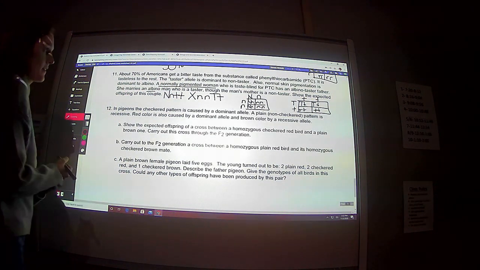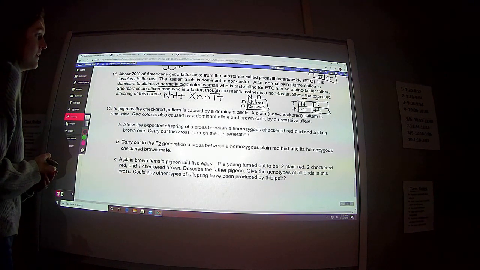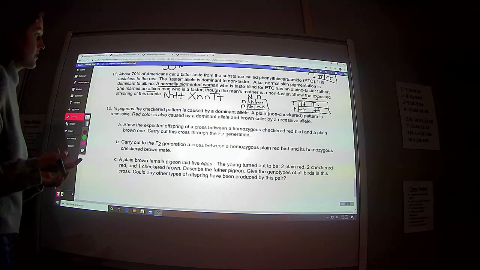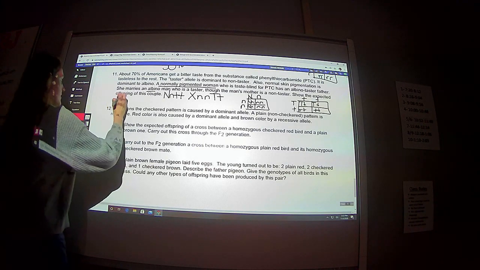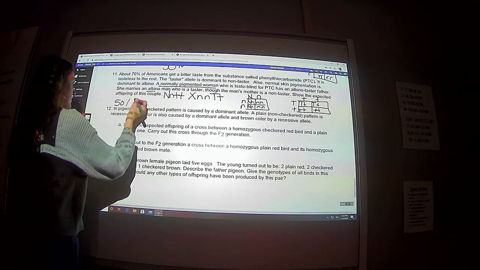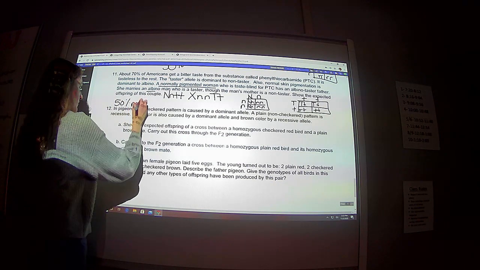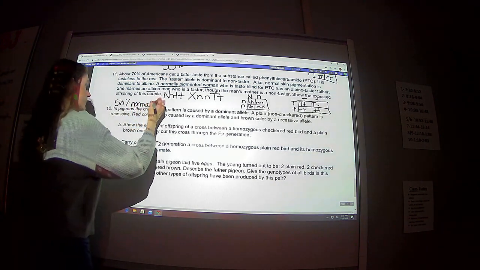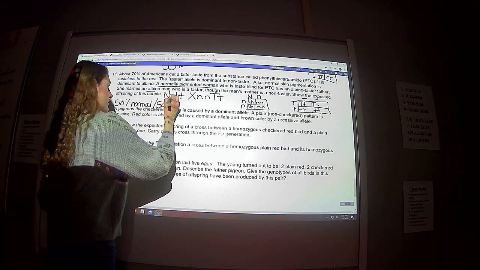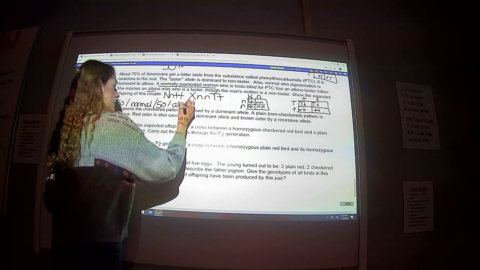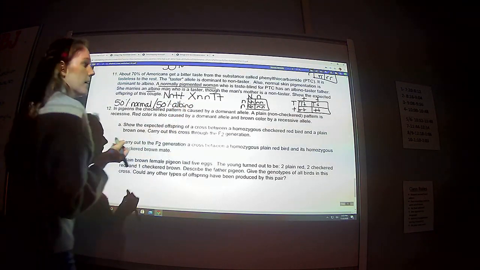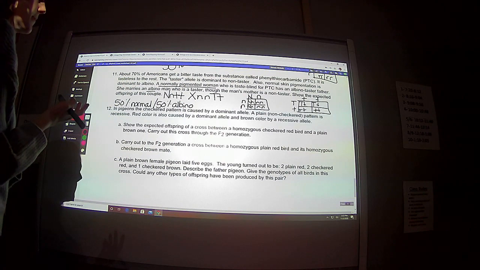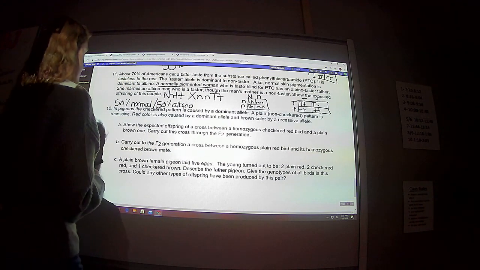So, as far as skin pigmentation goes, they have a 50% chance of having a normal skin pigmentation, 50% albino. And then when it comes to tasting, it's a 50-50 as well.